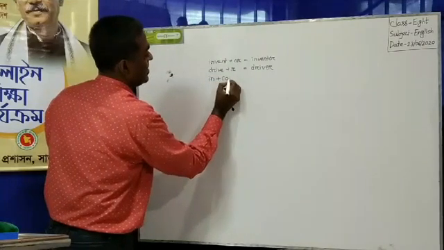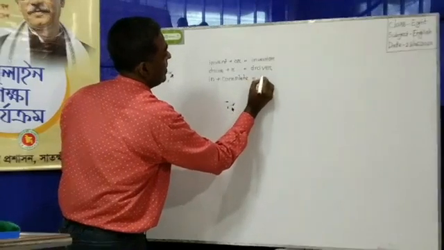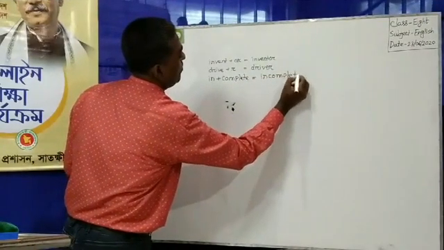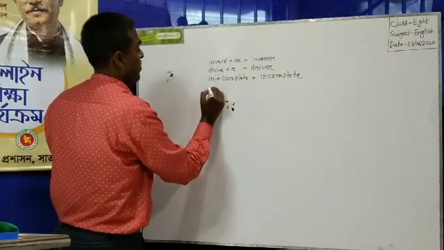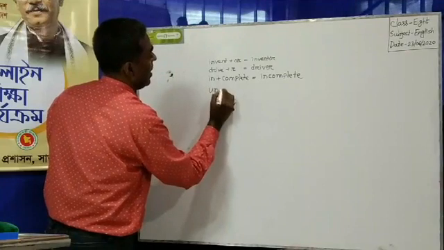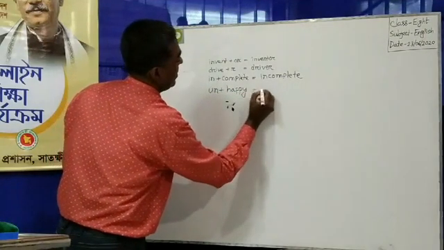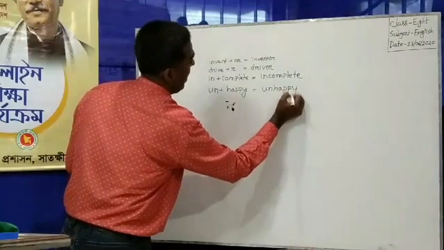In plus complete. That means incomplete. After that, un plus happy. That means unhappy.